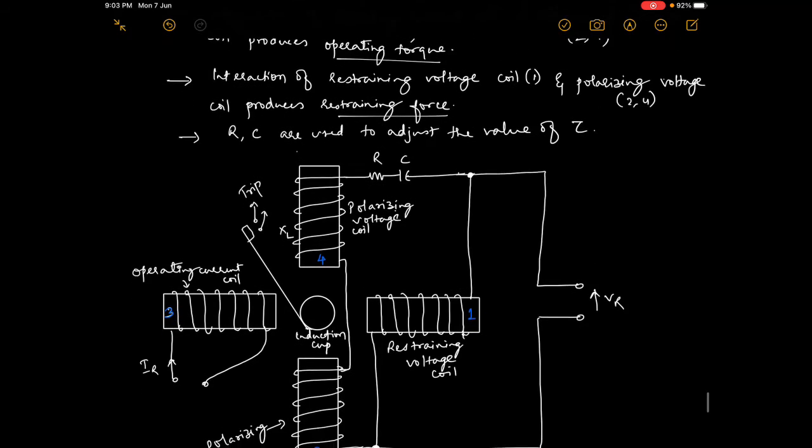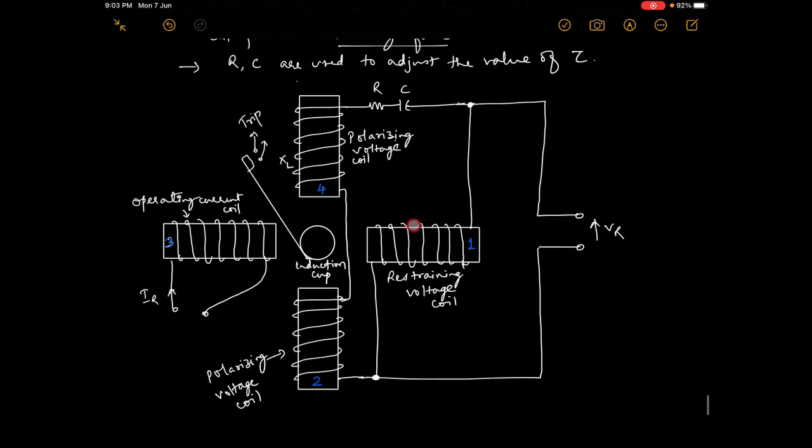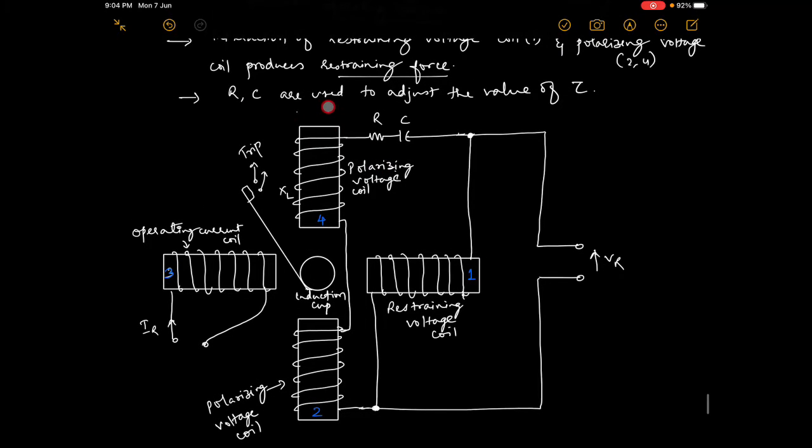Fine. So coming back to this diagram, this is an induction cup type. Once there is an operating torque, an operating force is exerted here, and this goes and touches the trip coil and the trip decision is taken. What is happening here is we are trying to adjust R and C to get the required value of tau.